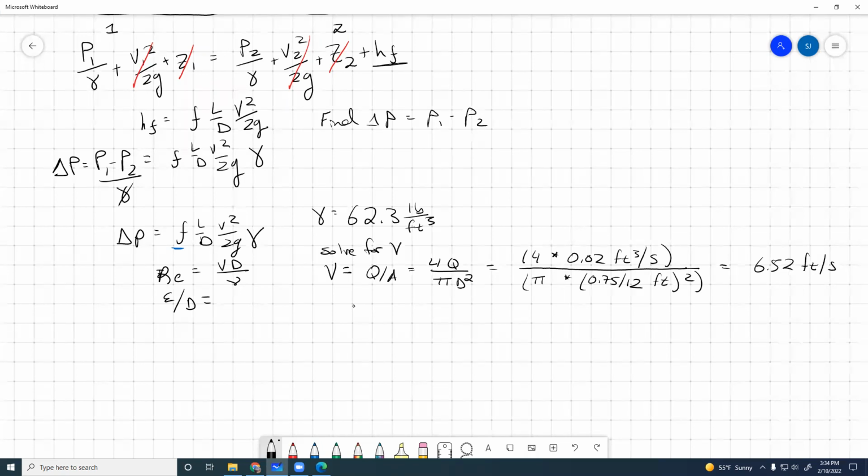Okay, so we got that part. We need to know the dynamic viscosity. We can look that up in our book. It's in chapter 1, that table. Assume, what are we assuming here? Is it standard or normal conditions?